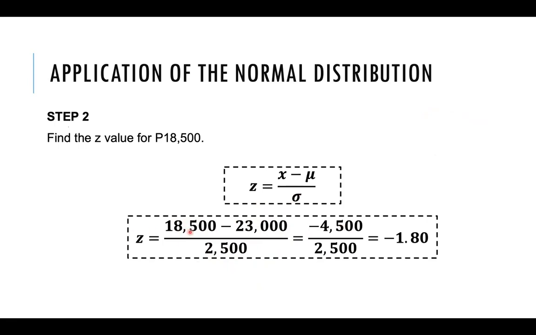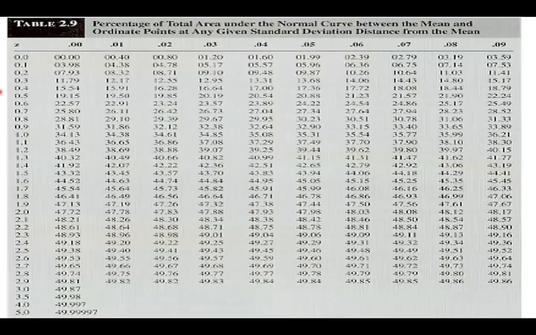The answer of the subtraction is negative 4,500, because the value we subtracted is bigger. Divided by 2,500, we get a z value of negative 1.80.